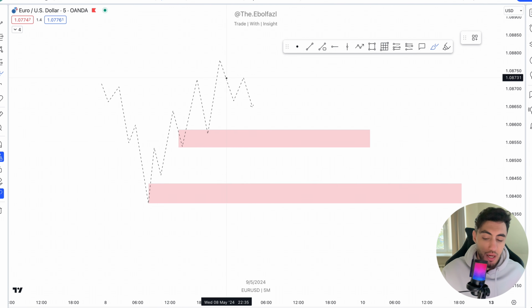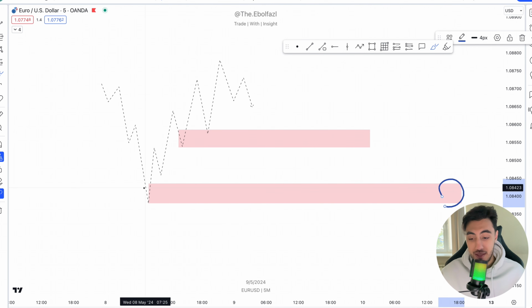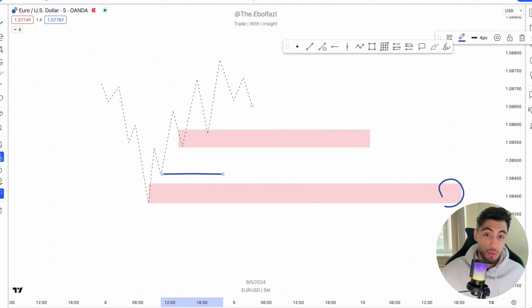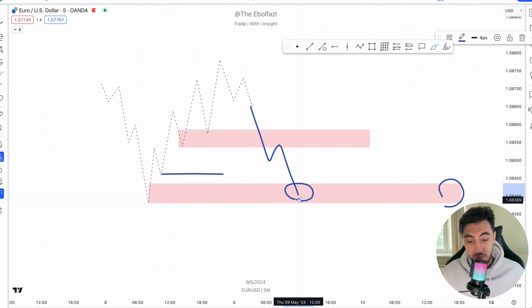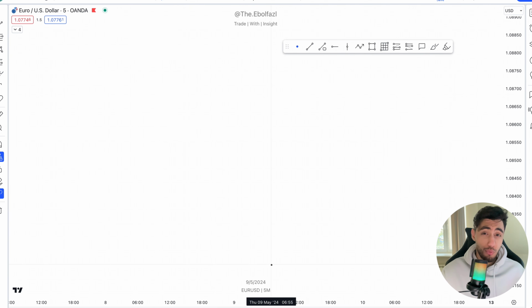But let's say we have a POI or order block here that is unmitigated, chosen from a high time frame, and we also have liquidity above it. 100% price is going to come and give us a reaction from this order block. The market is not 100%, but this is going to be the 99% of the case. So always try to choose an order block, or any type of POI, doesn't matter, that is unmitigated.